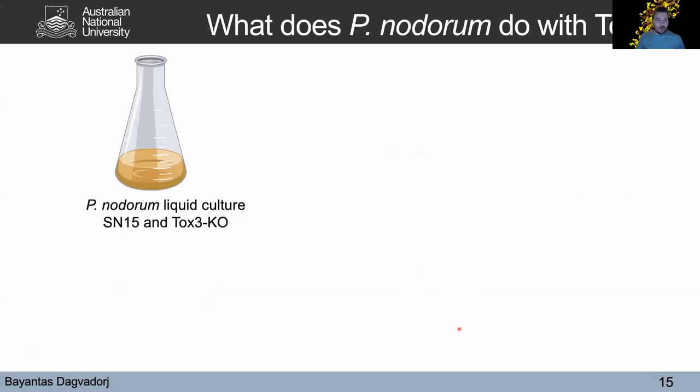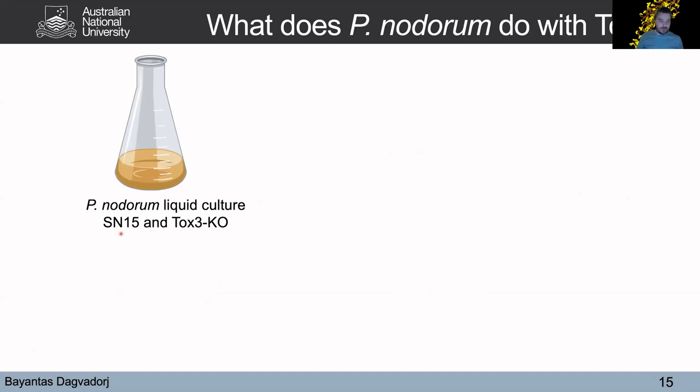And so we wanted to look at this a little further, and we wanted to see what happens in Stago. I should say Parastagonospora nodorum. We call it Stago in the lab. So we grew up some P. nodorum in liquid cultures.